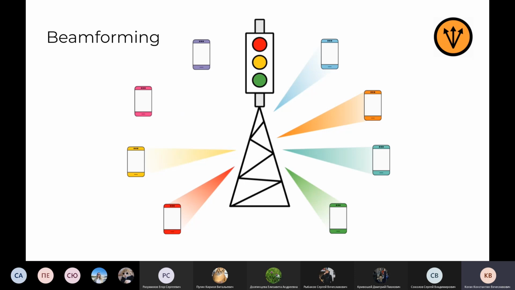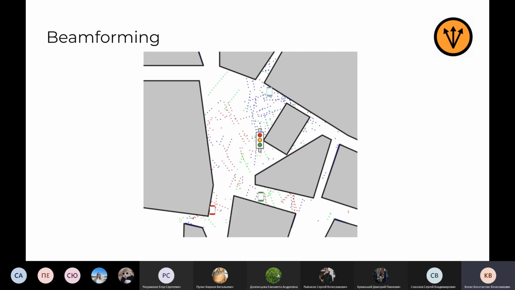Here's how it works. Say you are in a cluster of buildings and you are trying to make a phone call. Your signal is ricocheting off surrounding buildings and crisscrossing with other signals from users in the area. A massive MIMO base station receives all of these signals and keeps track of the timing and the direction of their arrival.